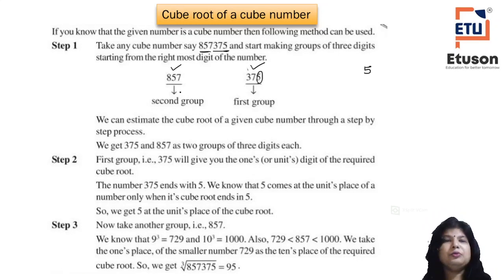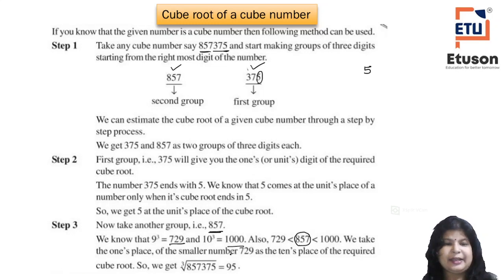Okay. So now we will consider the second group, which is 857. Now you remember, I have told you to remember the cubes of the numbers from 1 to 10. Correct or not? This will help you here. How? Let us learn. This number 857 lies between 9 cube and 10 cube. As we know, 9 cube is equal to 729, 10 cube is equal to 1000, and this number 857 lies between 729 and 1000.